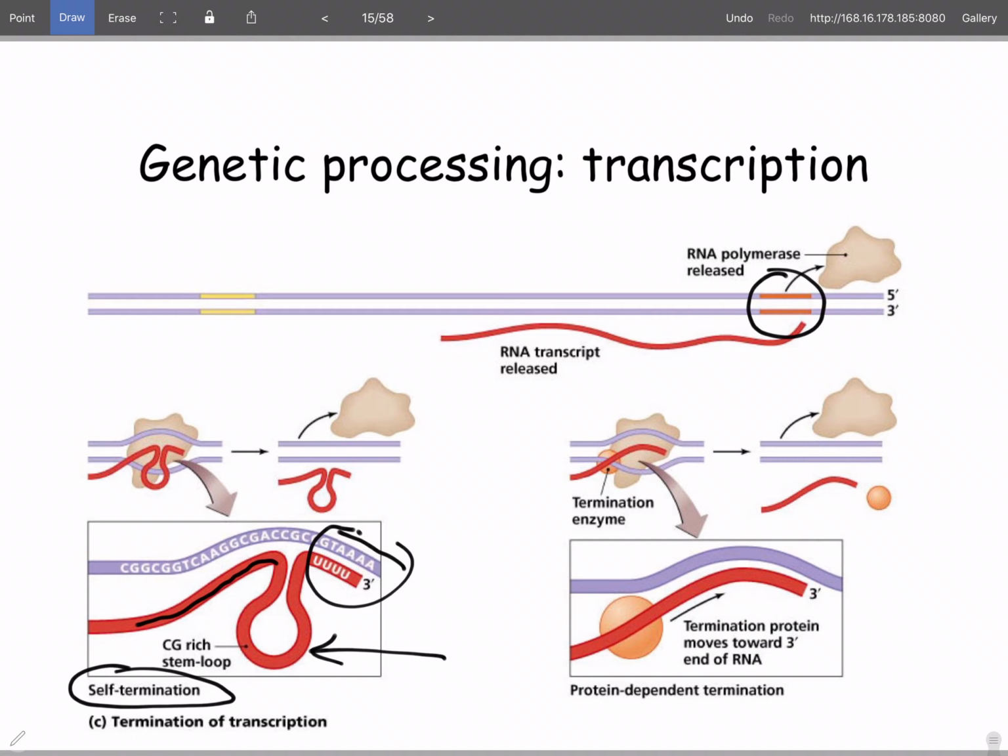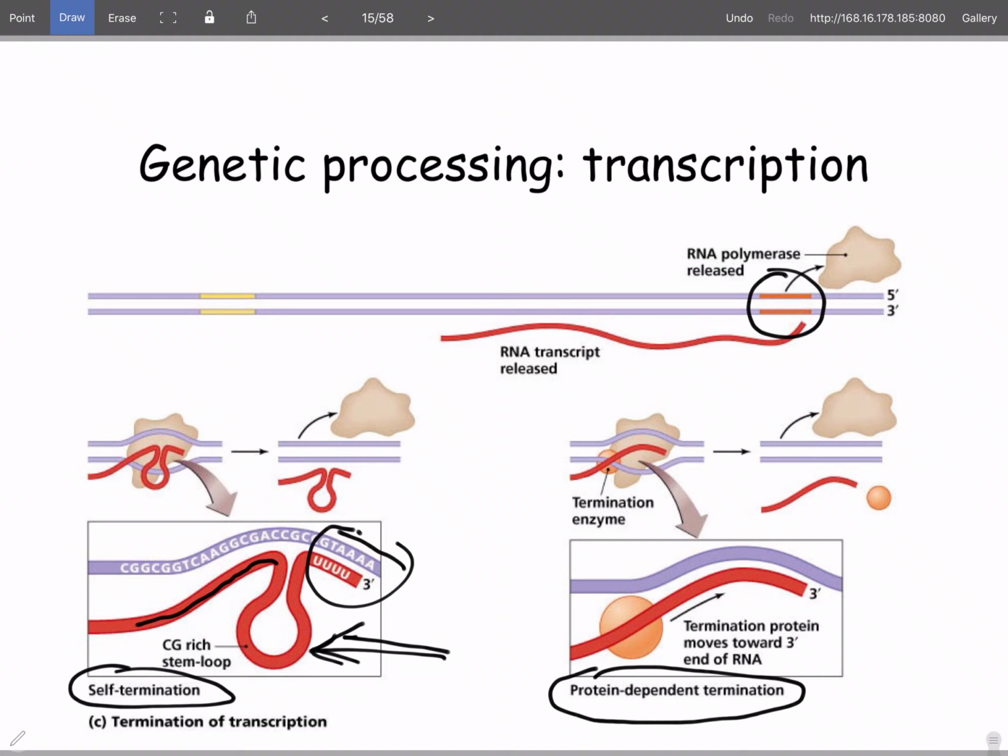Now we also have what we call a protein-dependent termination or enzyme-dependent. So when scientists actually started looking at genes in prokaryotes, and they were looking at a whole bunch of them, they realized that not all prokaryotic genes have the right terminator sequence to form this stem loop, right?